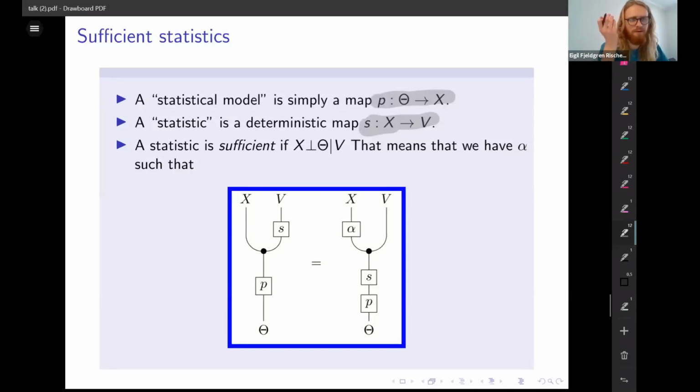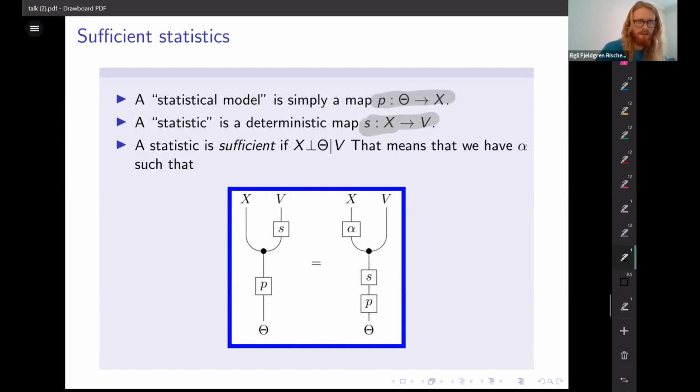So I guess, yeah, I'm really defining a parameterized statistical model. I should be very clear: I'm not trying to make an authoritative statement on the true, most proper, general definition of statistical model. This is just how I'm going to use the term here. And as you say, this is really a parameterized statistical model. There are definitely other types of statistical models. All right, sorry. So this is what a statistic is.